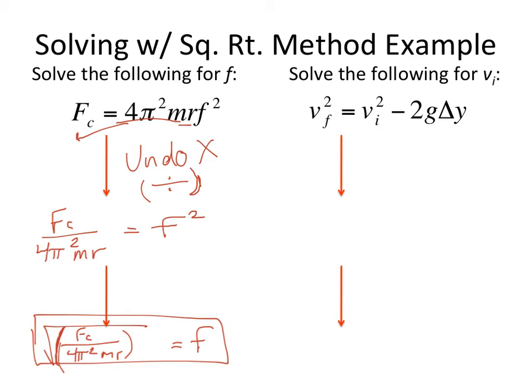So it's being subtracted on the right-hand side, so let's add it, 2g delta y, and that means it has to happen over here too, plus 2g delta y. So v squared plus 2g delta y is going to be equal to vi squared.